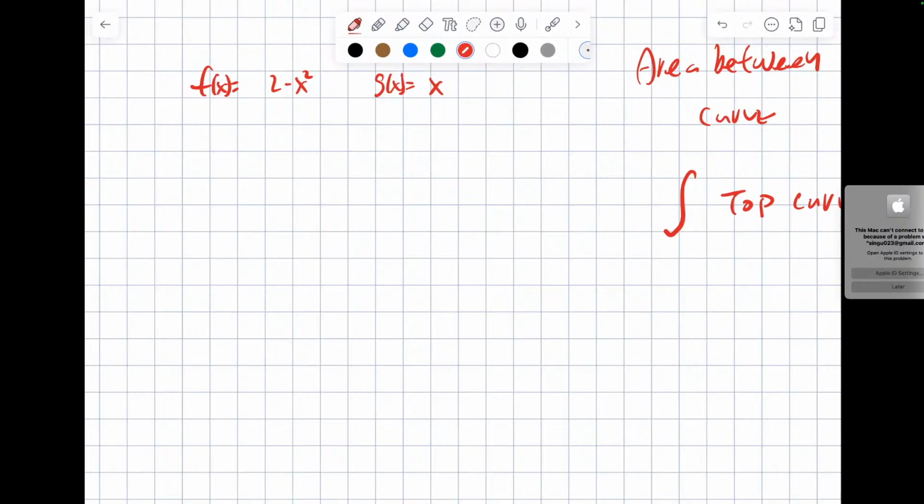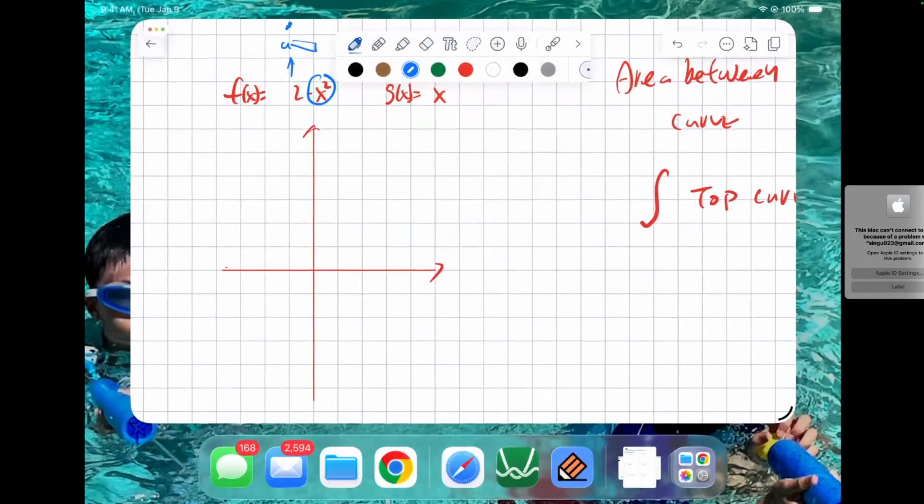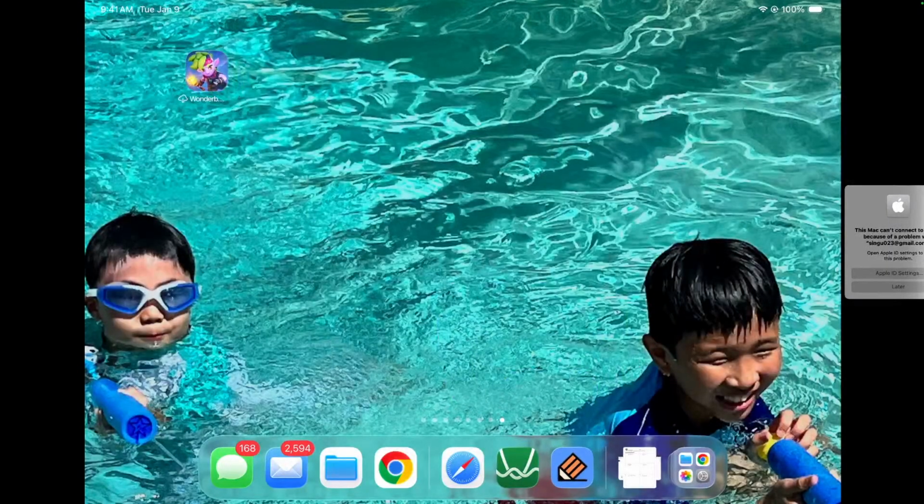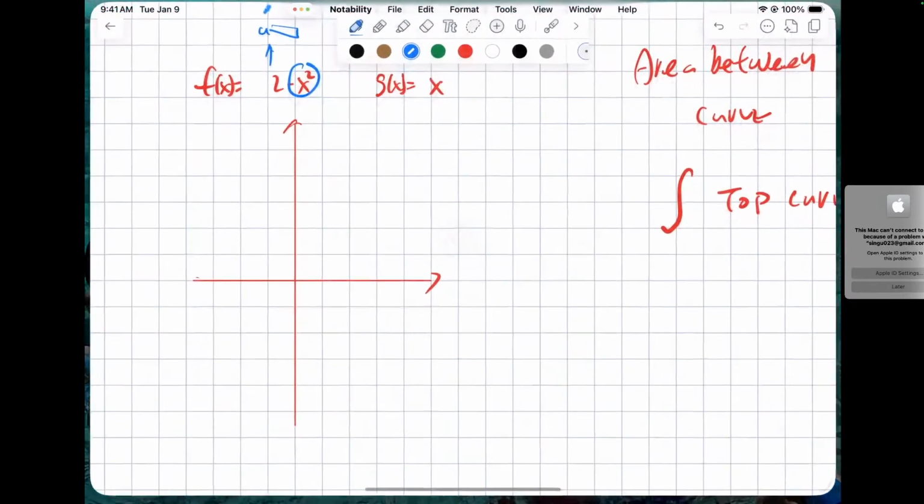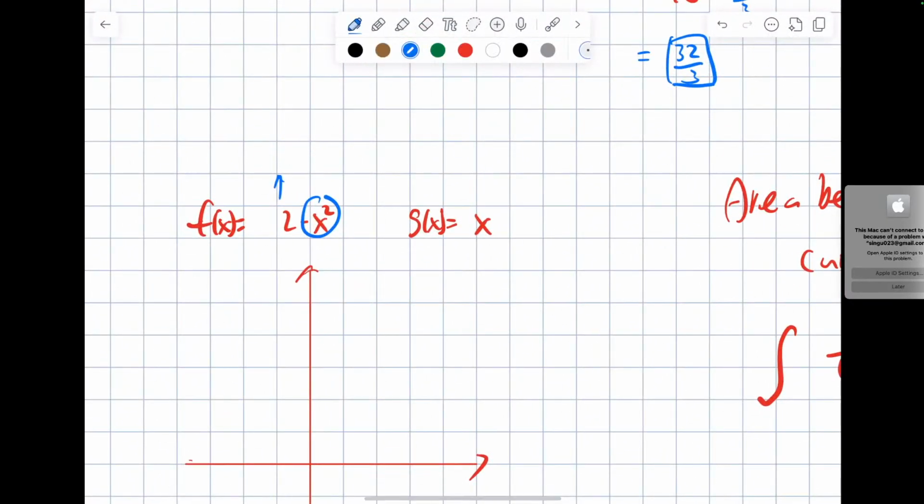So you guys still have a problem with graphing, but here's what I'm going to do: look at the components of this. This is negative x squared, and it's going to go up 2, because this is up 2. Is that okay? So x squared is a parabola facing up.